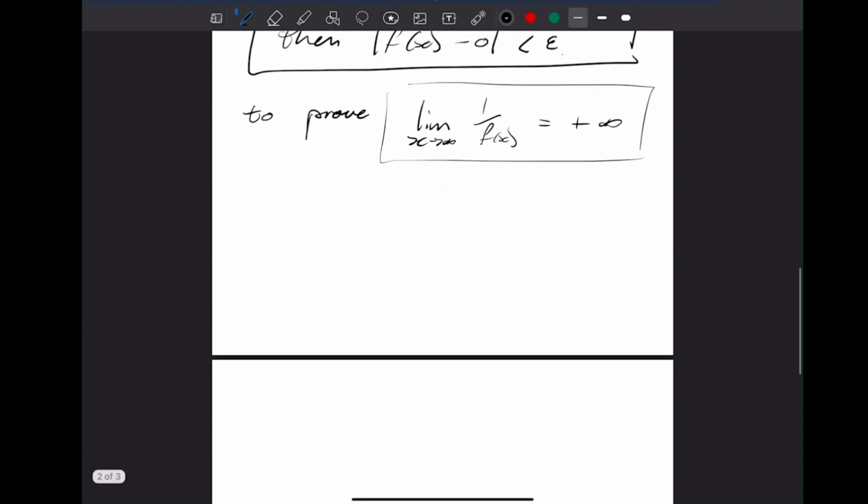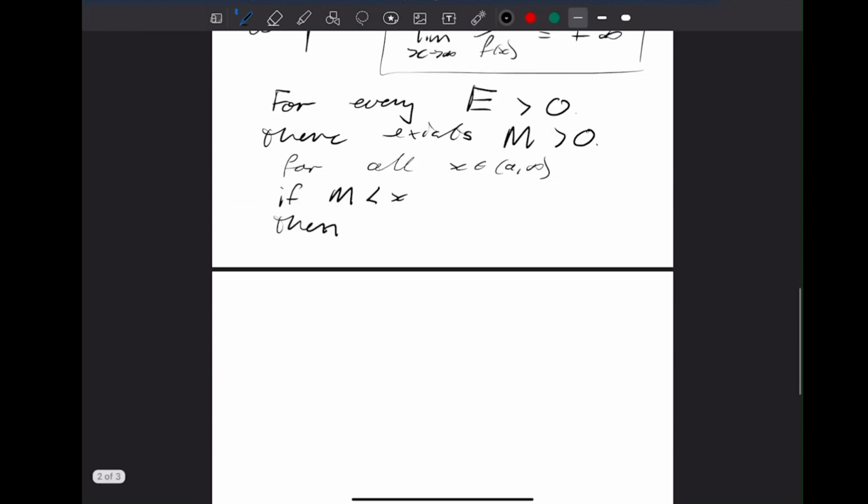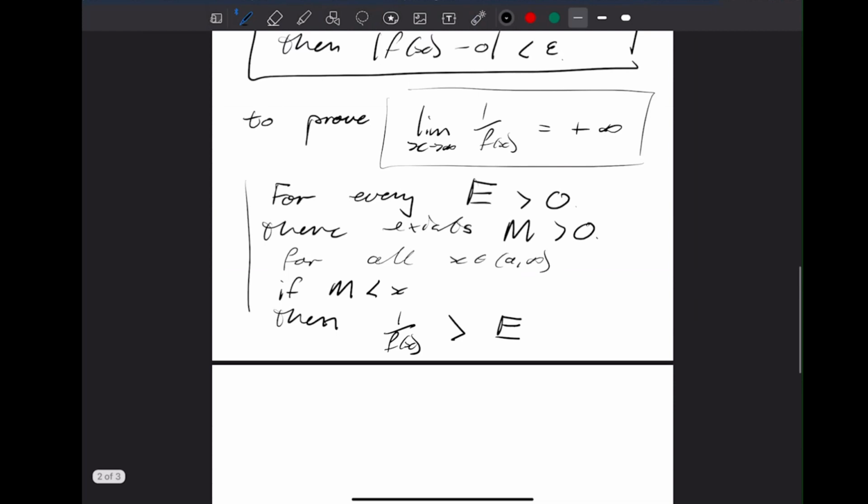That means for every big E, there exists a big M, so that for all x in the domain of the function from a to infinity, if x is bigger than M, then 1 over f of x is bigger than E. So that is the statement that we have to prove.